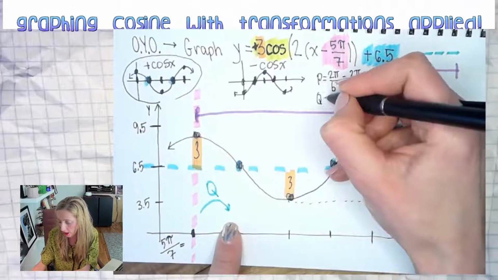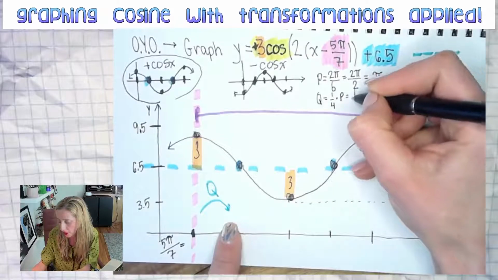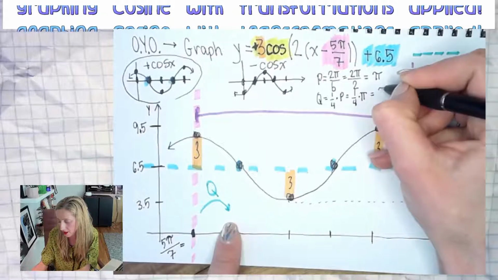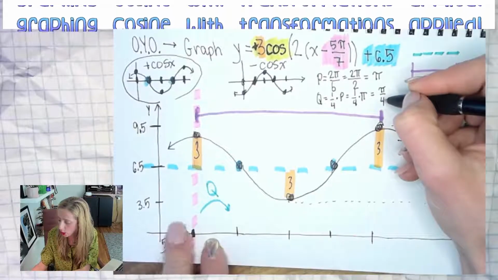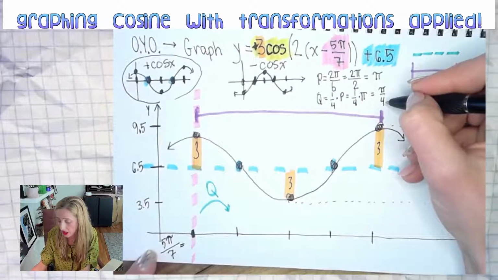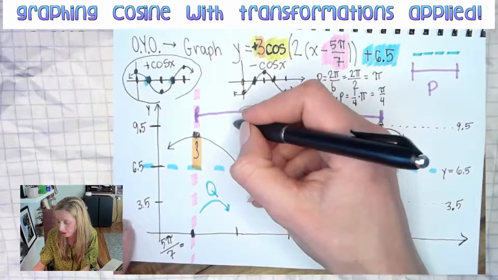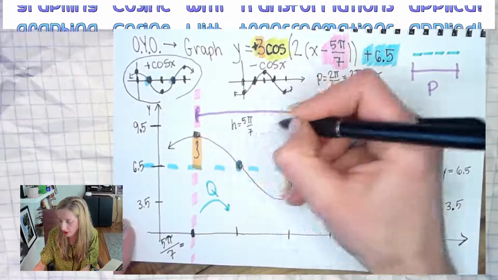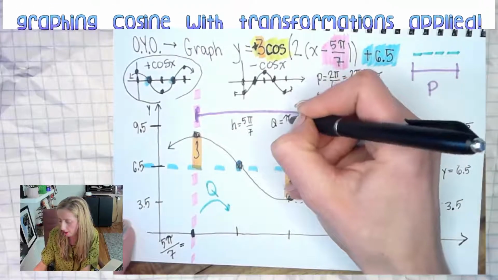A quarter period is 1/4 of the period. So it's going to be 1/4 of pi, which is pi over 4. If the quarter period is pi over 4 and h is 5 pi over 7, I can't add them the way that they are. So h was 5 pi over 7 and q is pi over 4.